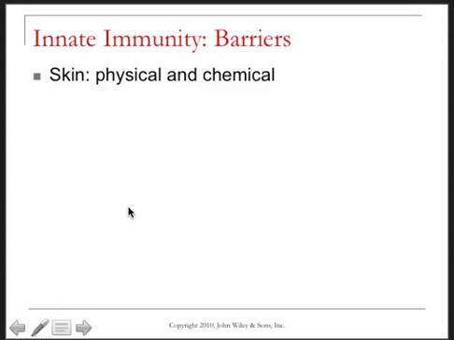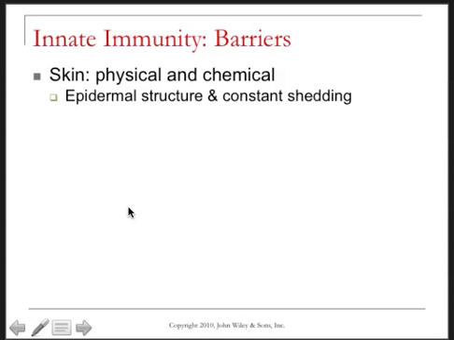Okay, so the skin is one of these examples. It is both a physical and a chemical barrier. The epidermal structure and the constant shedding keep organisms from settling down and growing long term on the skin. So we constantly are changing the surface of the body by shedding these cells and not allowing any pathogen to set up for very long.